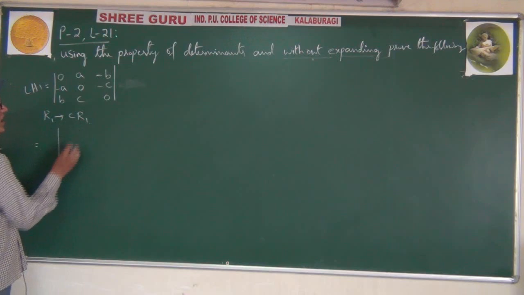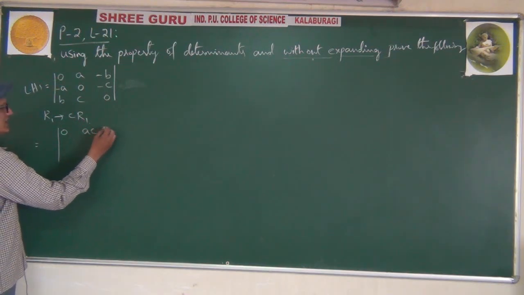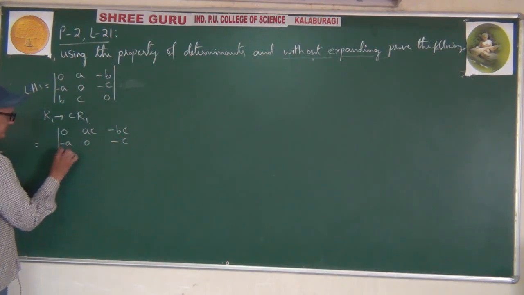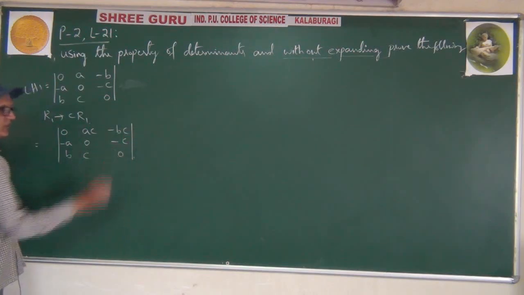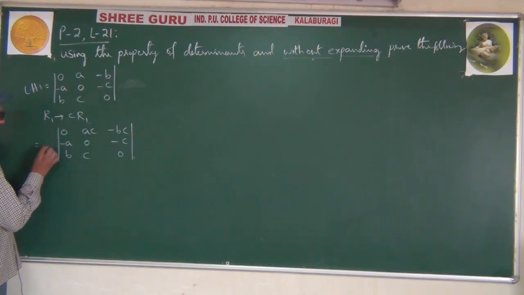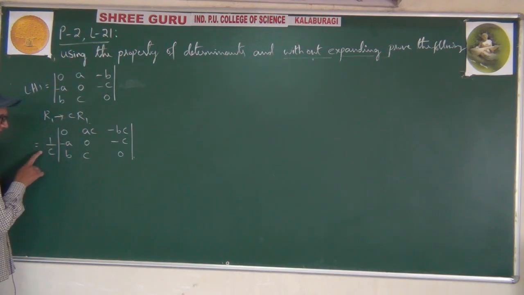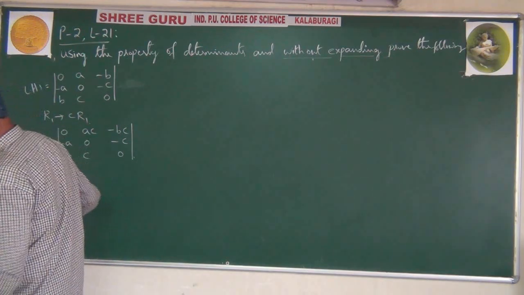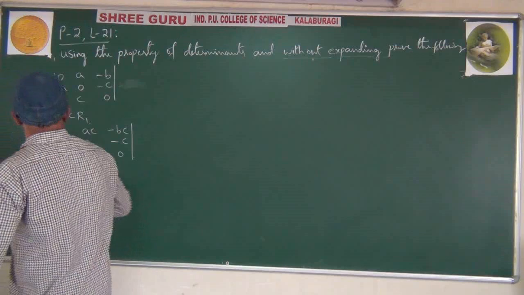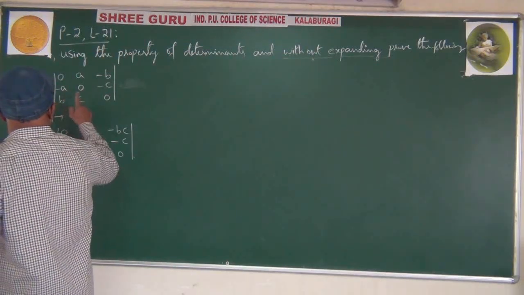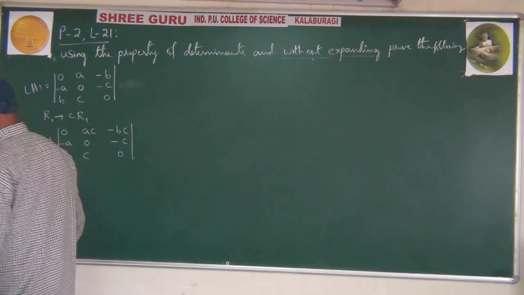We are multiplying R1 with C. C into 0, 0; C into a, aC; C into minus b, minus bC. The remaining rows stay as they are. Multiply the first row with C, divide by C.